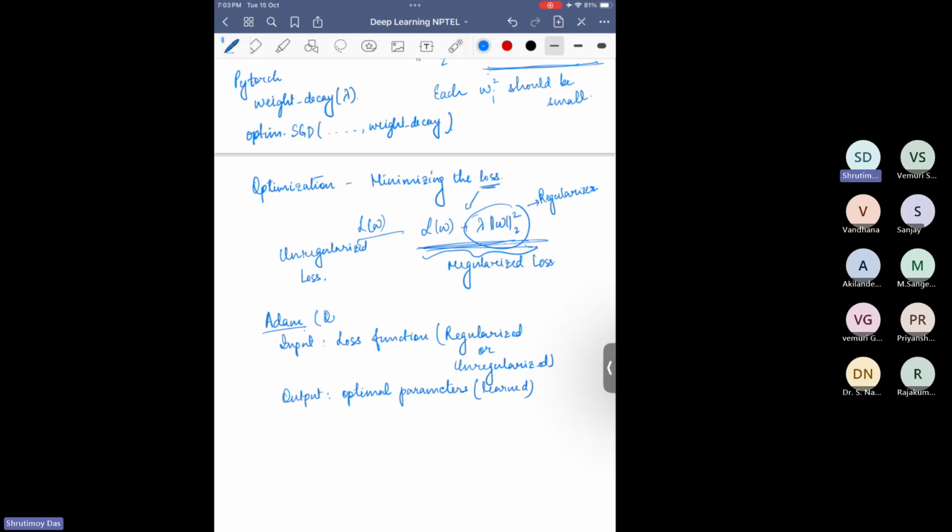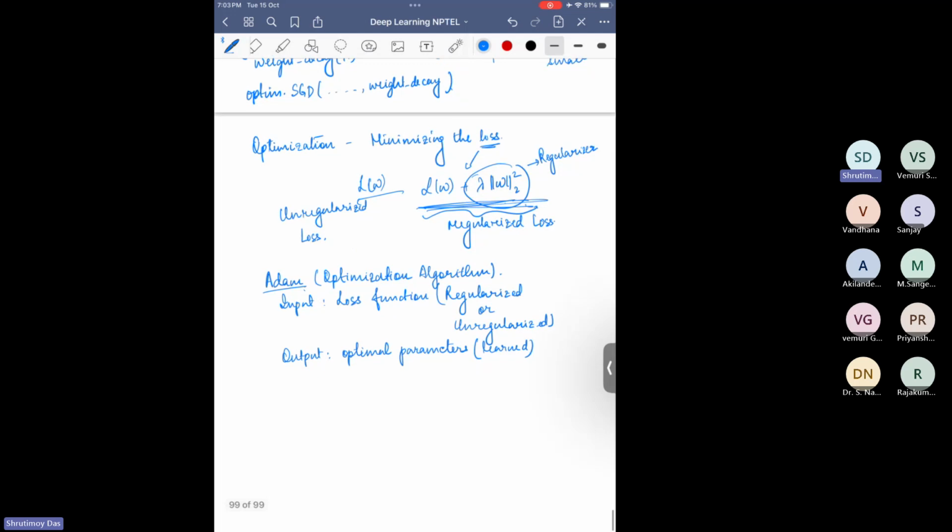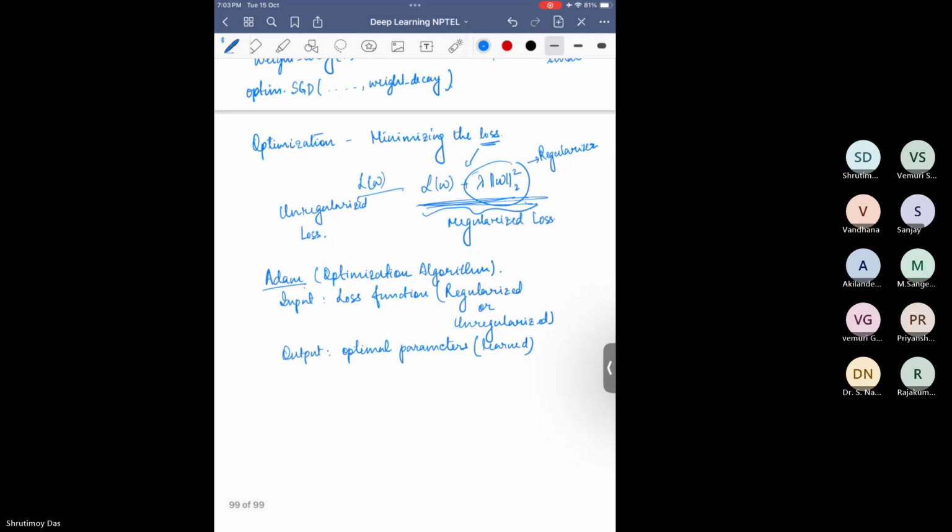So this is your optimization algorithm, and this is the process that you have. This could be Adam, or gradient descent, or SGD, or any of the algorithms like AdaGrad or RMSprop. Those are optimization algorithms.